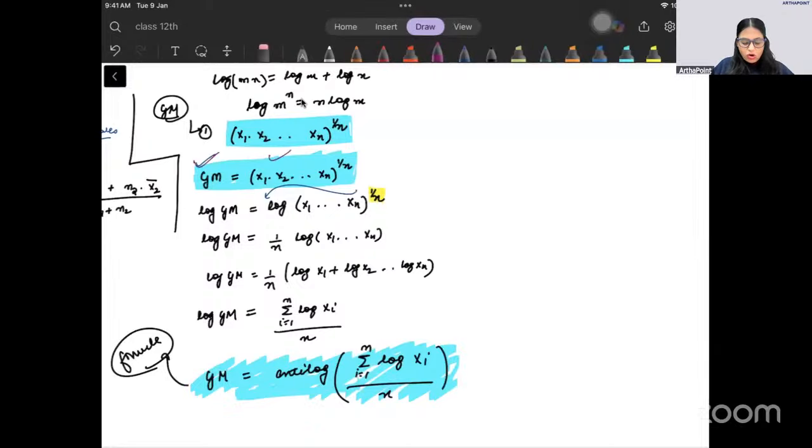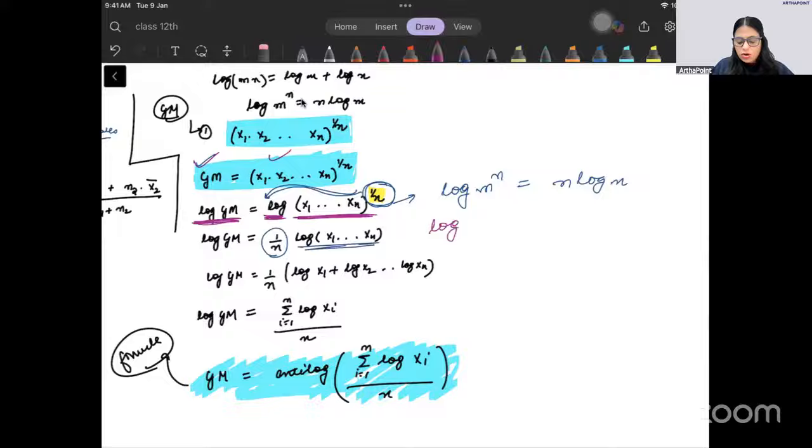So when I take log here, this becomes log GM. If I take log here, it becomes log into this. I've just used the property log m to the power n is n log m. So this power comes down. So the power has come here into this log. Then I've used the property log mn is log m plus log n.